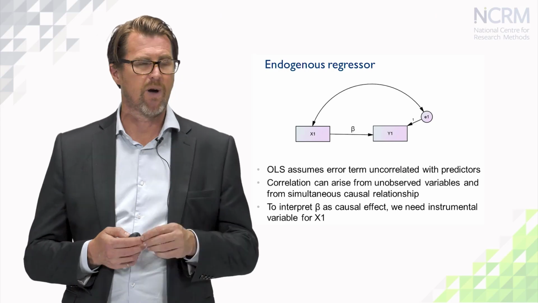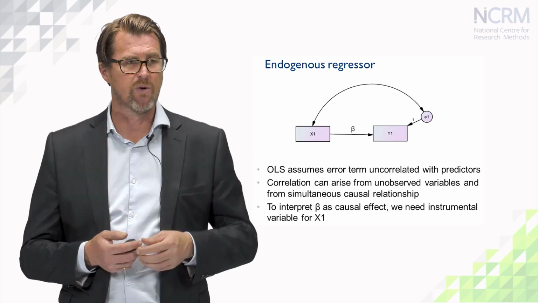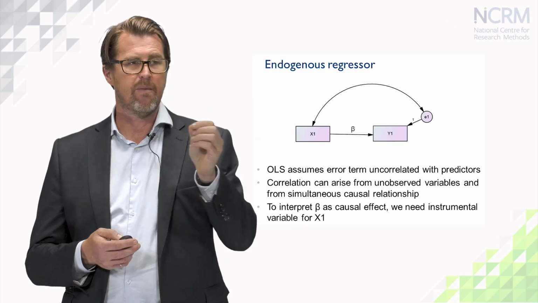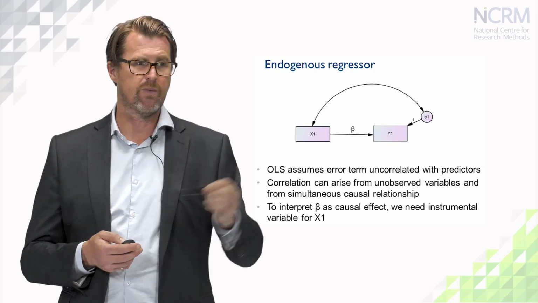We'd ideally like to treat beta as the causal effect of x1 on y1. But we also see here that we have a covariance or a correlation between the disturbance term in this equation and x1, which is the predictor.